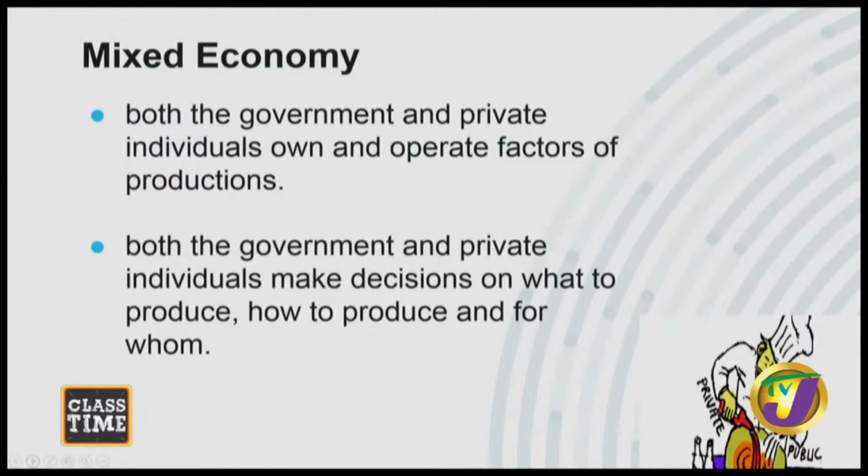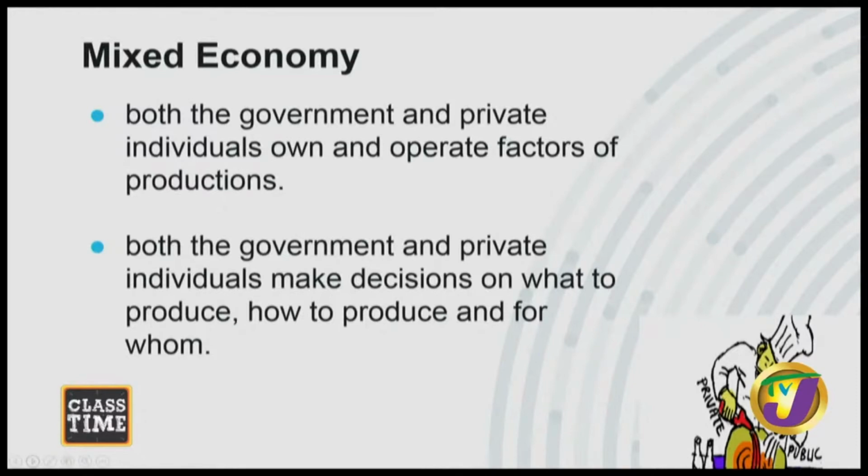So what are the features? You'll find that both the government and private individuals own and operate the factors of production, right? So they have, I wouldn't say it's equal, but they own factors of production, and so they will produce goods and services accordingly.